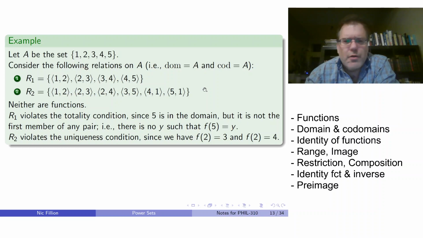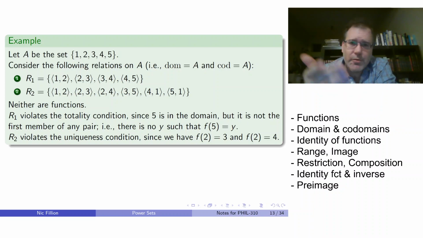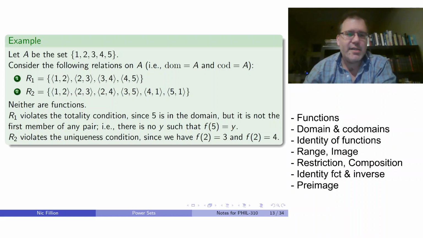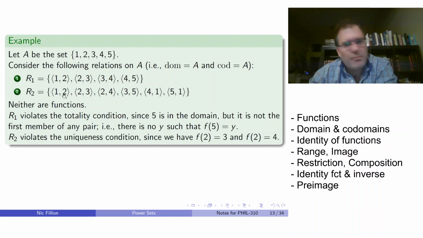So let's look at what's happening. What I suggest always that you do is go through the elements of the domain one by one for those simple examples. All right, so we see that there is a pair that starts with 1, so the relation is defined for this argument, and it maps it on 2. So far so good. Now what about the second element of the domain, 2?